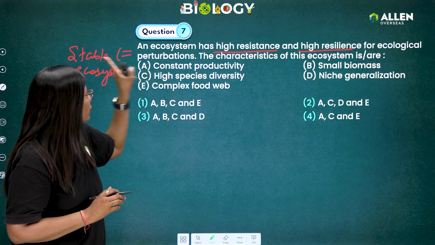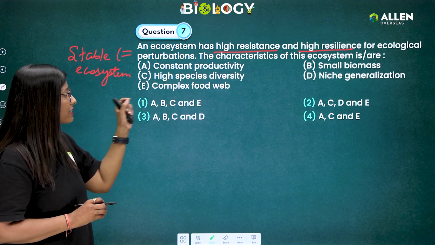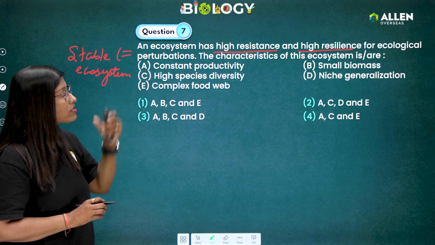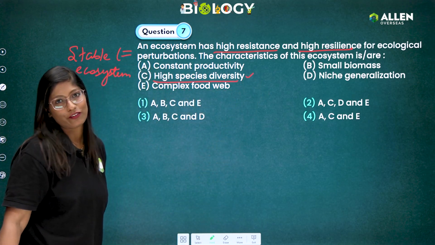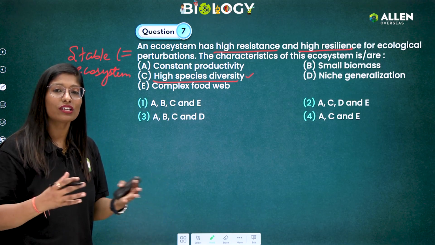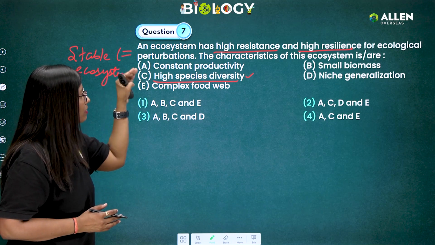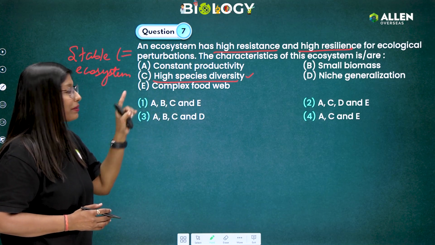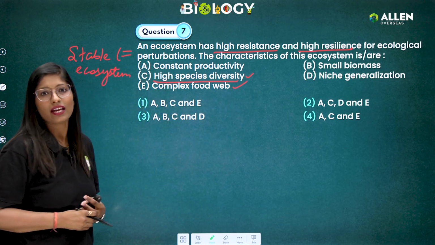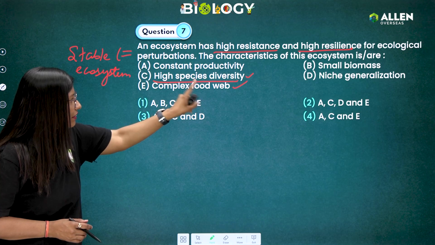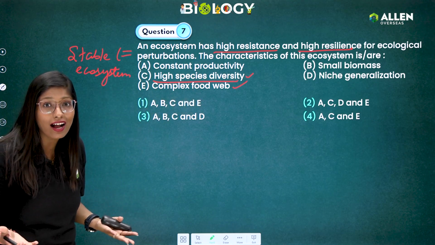Now, if such a stable ecosystem is given to us, what characteristics should be there? Okay, so first let's see. First of all, if an ecosystem is stable, then the first thing is that it should have high species diversity, right? Because the more species diversity there is, the more stable that ecosystem is, right? Now when an ecosystem has high species diversity, it means that the food webs will be complex. So option E is also correct. Now, when high species diversity is there and a complex food web is there, biomass will be high. Yes or no?